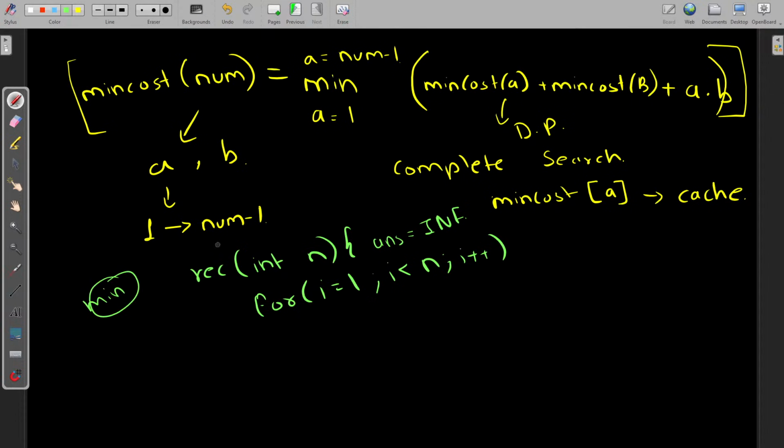To find the minimum value, we first initialize our answer with infinity. To find the maximum value, we initialize it with minus infinity. So now we will take answer equals to this whole expression over here. I will just drag it using the arrow expression.